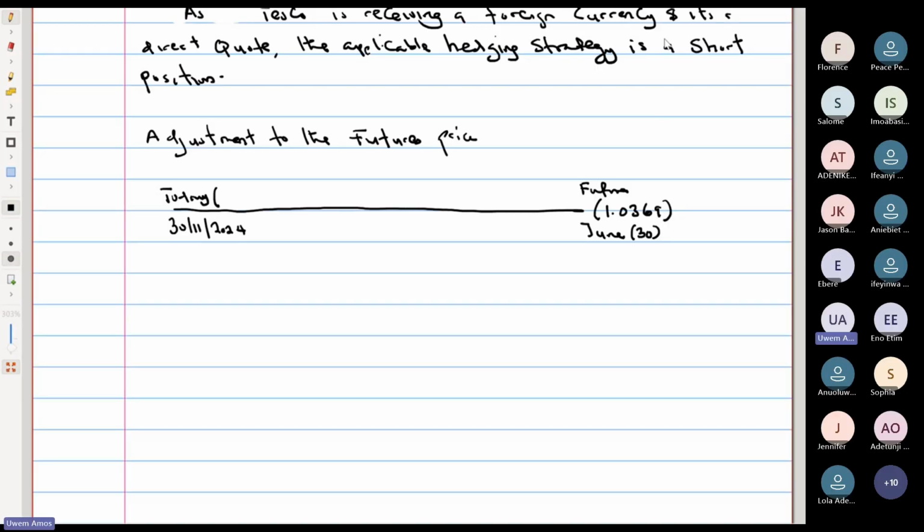But we are not going to hold it until June 30th, because we are receiving the money before June 30th. When are we receiving the money? May 31st. We are receiving the money May 31st. So we need to adjust for this portion.